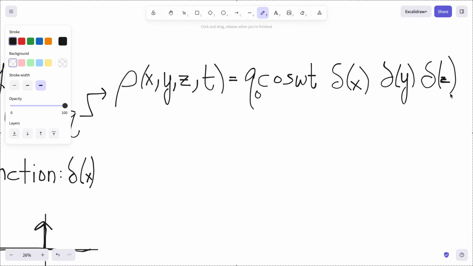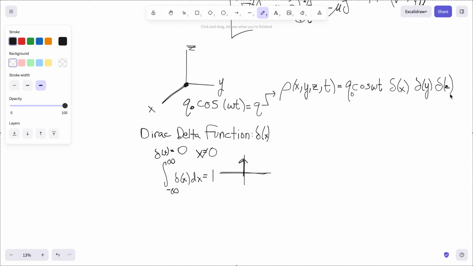Basically, it's a singularity point in all these directions.